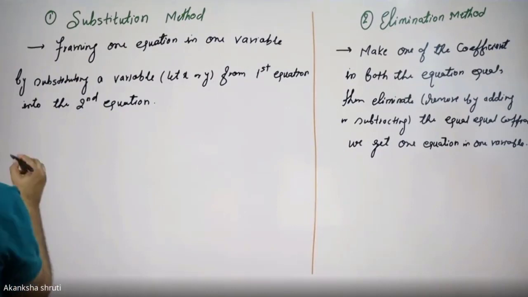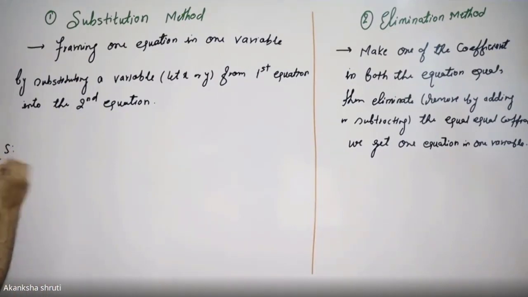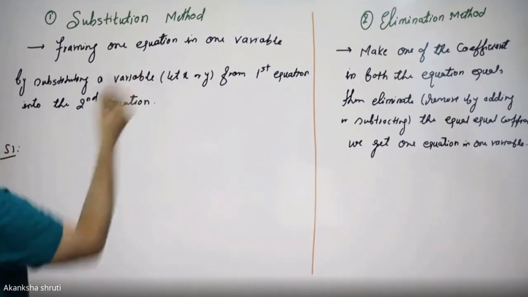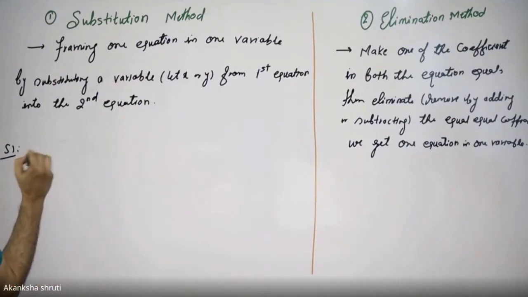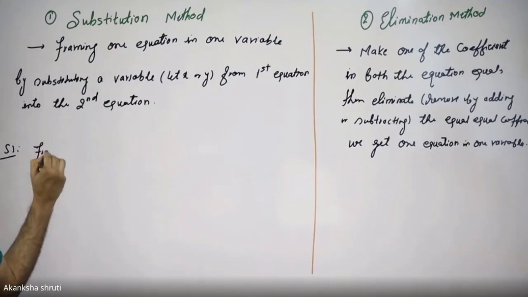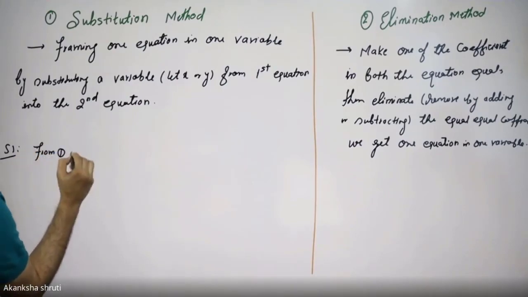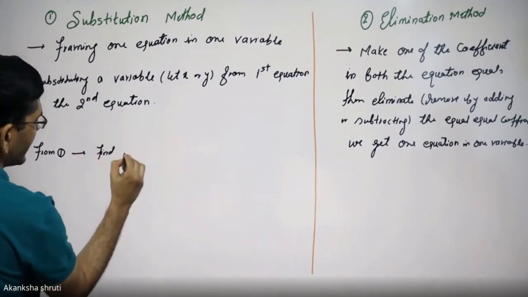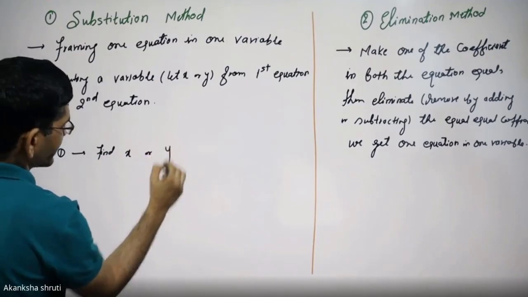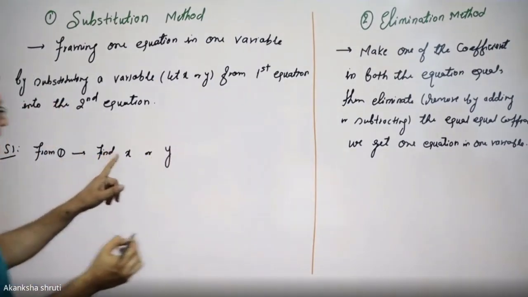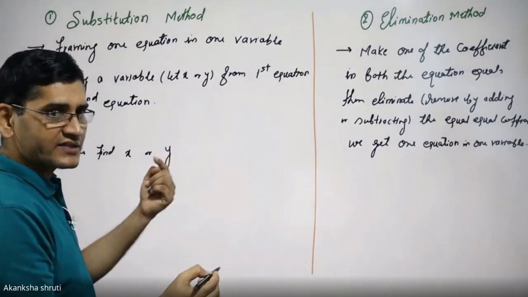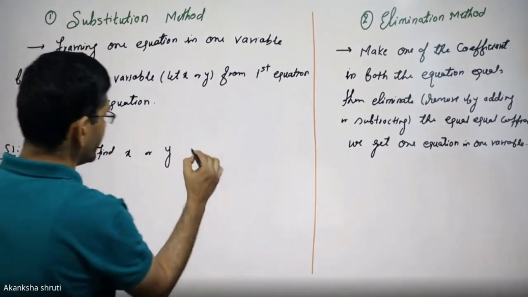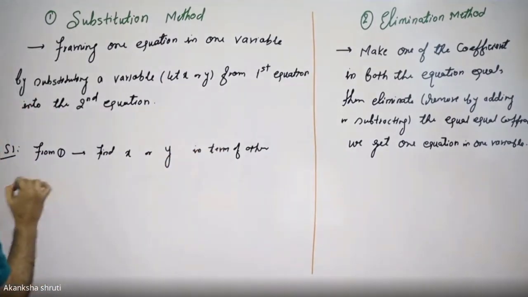Okay, what are the steps? If you want to write the steps, let me write in very short. So steps for the substitution method: from equation 1 or 2, let me start with 1. From 1 you have to find x or y. Keep x or y on one side from equation 1, find it in terms of the other. Then comes step number 2.